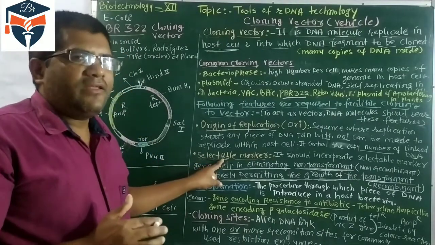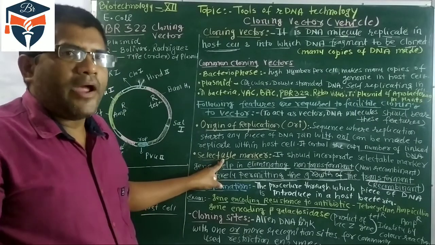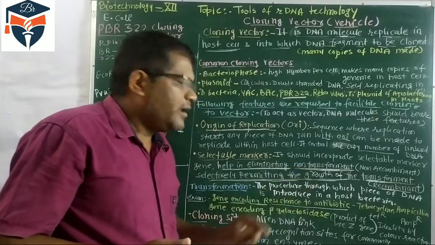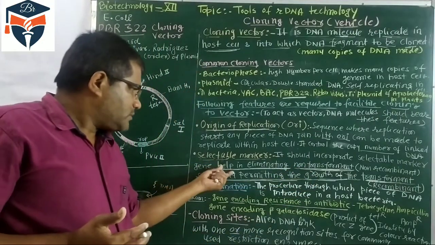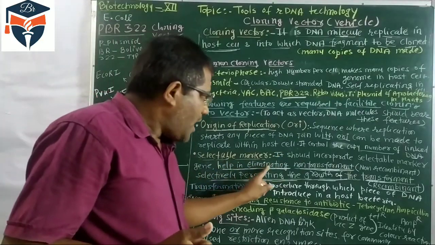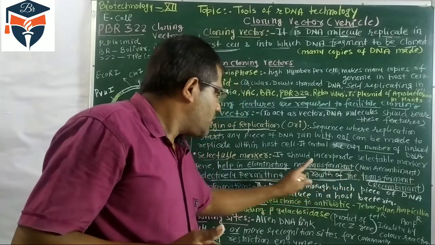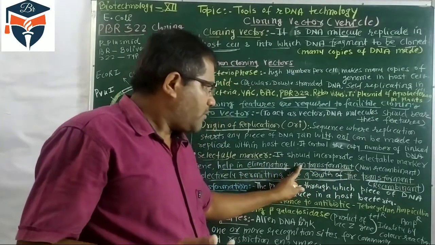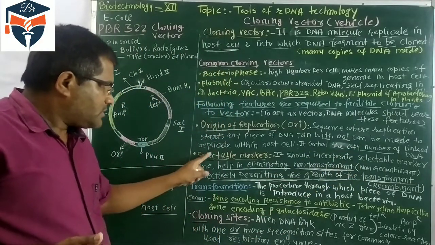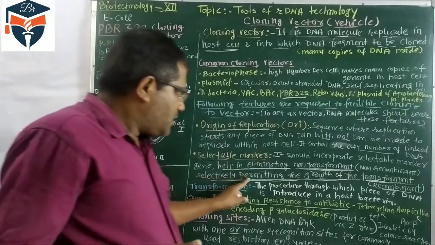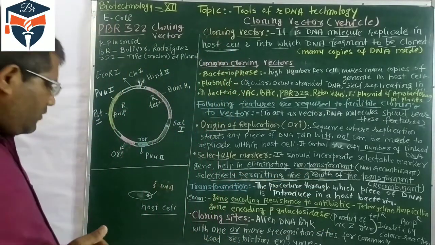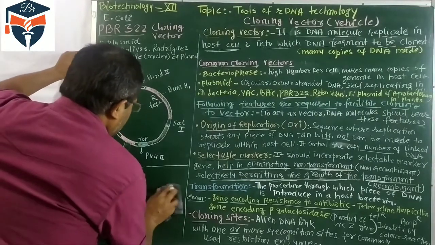So a selectable marker is a gene, and that gene helps to identify whether it is non-transformant or transformant. It eliminates the non-transformant or non-recombinant, and permits the growth of the transformant.